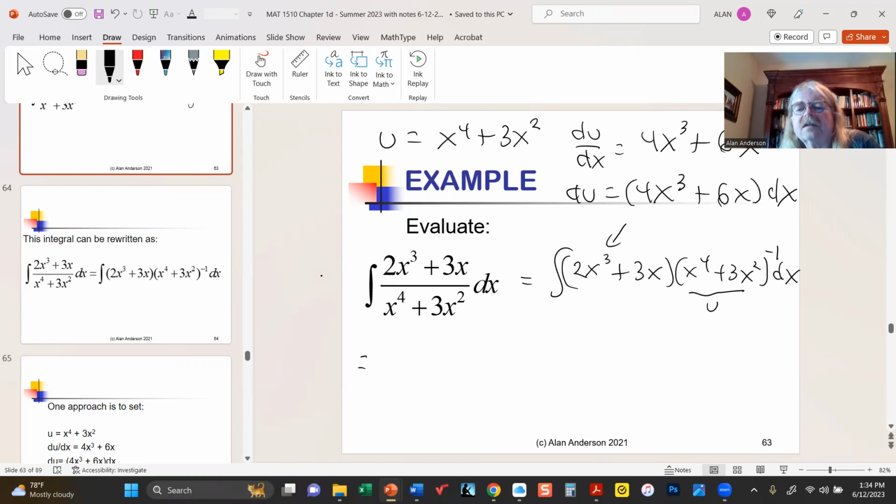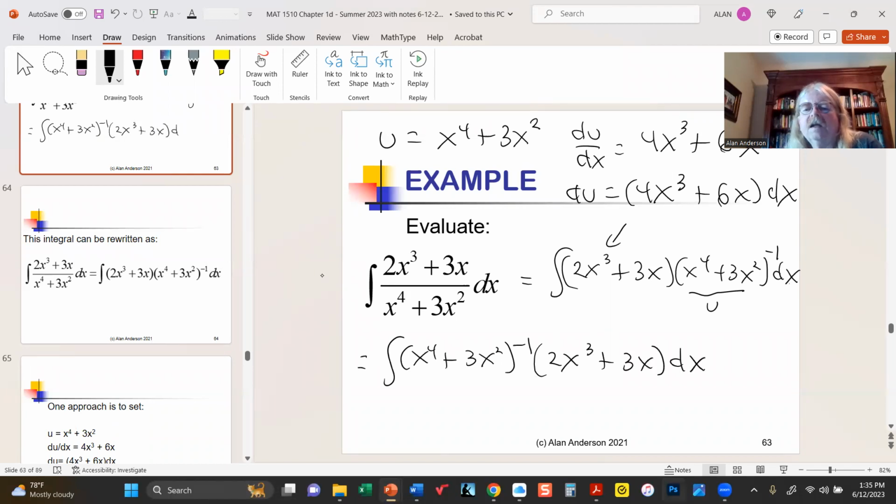So first, let's rewrite this slightly. And then what I'm going to do is multiply, as I've done so many times before, outside by 1/2. And then here I'm going to multiply this by 2.